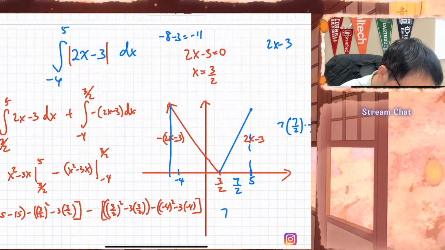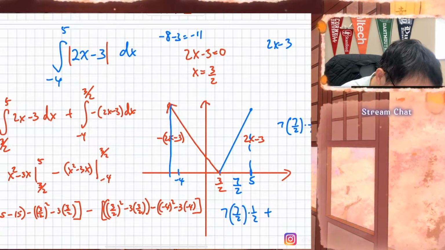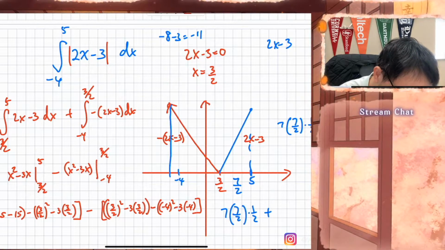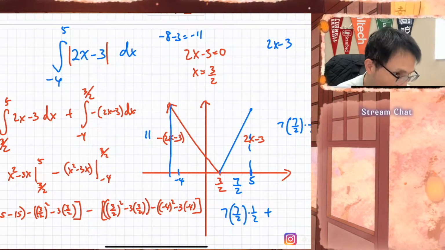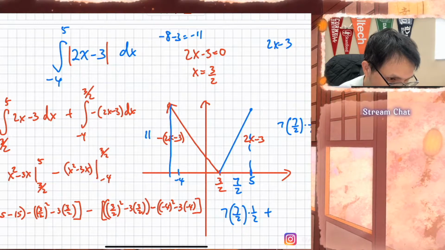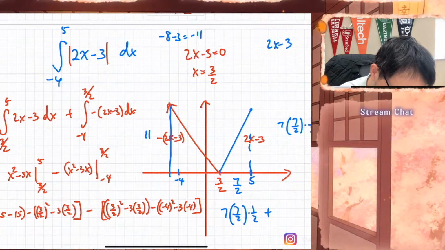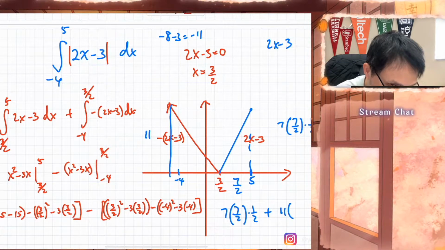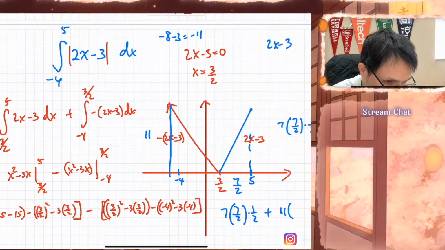So first of all, I'm going to add up this 7 times 2 times 1/2, plus the other side is going to be 11. It's not -11, it's 11 because of the negative. It's going to be 11 times the width.